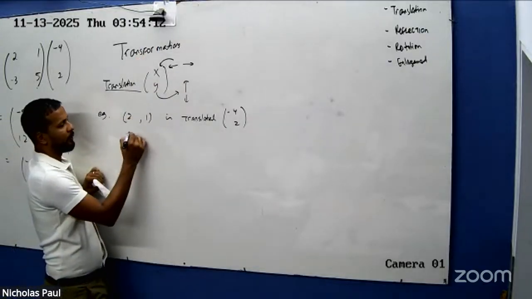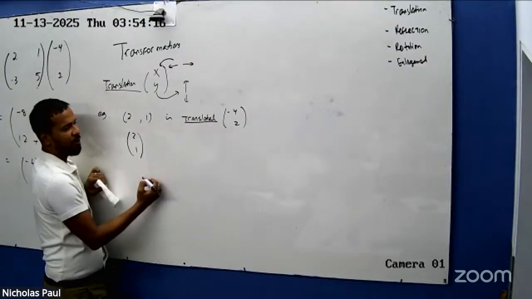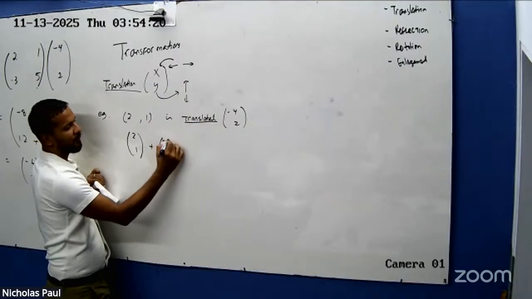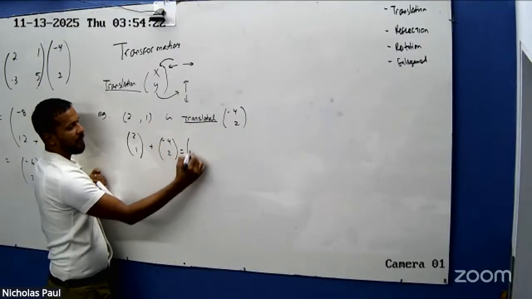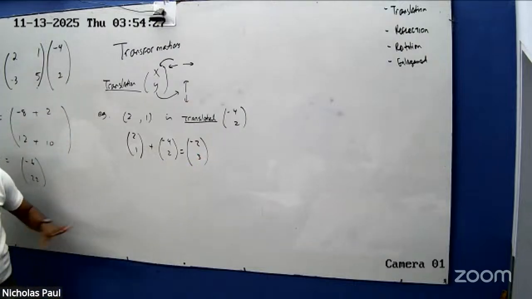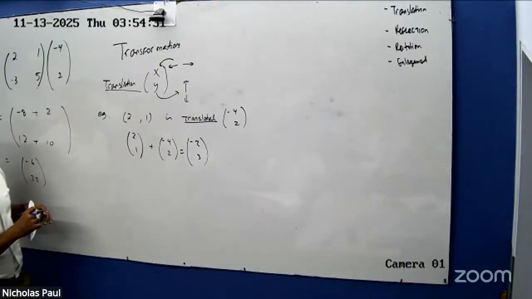So basically, for me to perform this translation, all I have to do is add 2, 1 to -4, 2. And you'll end up with -2, 3. That's okay? So it's all added. This is the only one that's a little bit different, right?